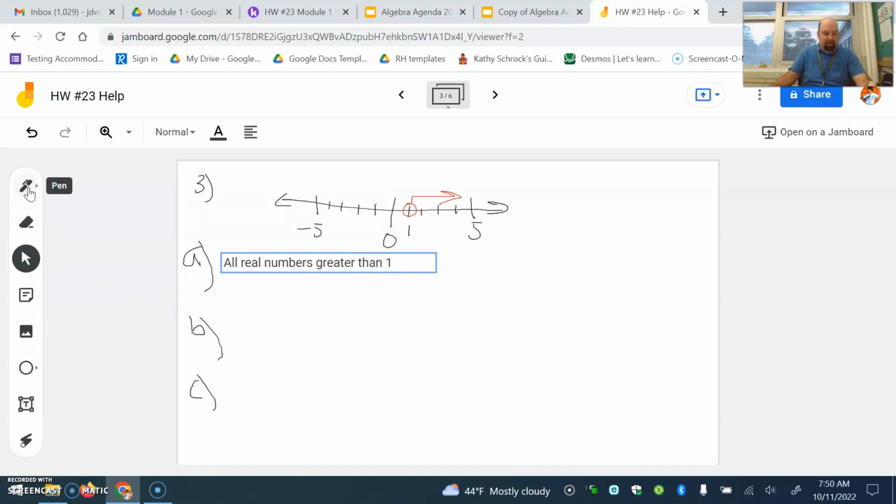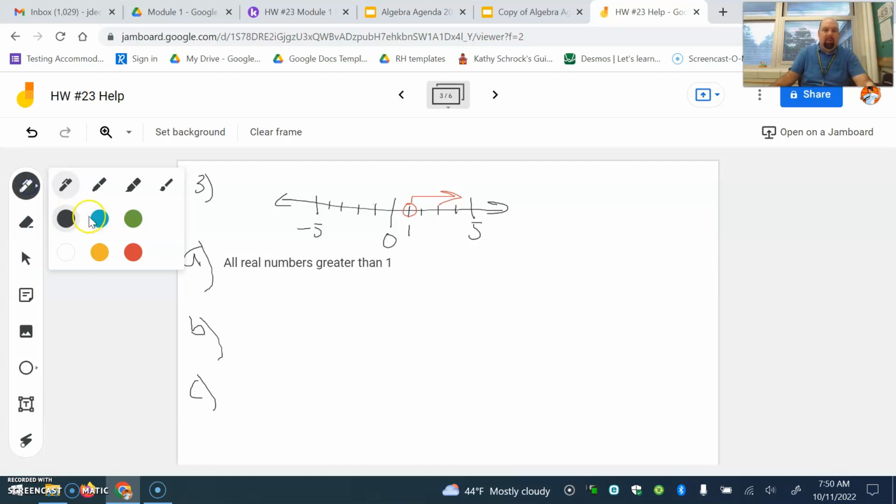For set notation, this is going to look a little different. I'm going to do my curly bracket. This time I'll use a different variable. Maybe this time I'll say W is a real number.